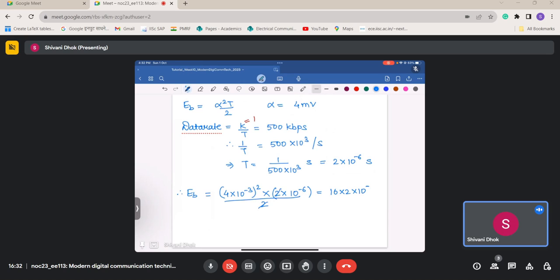So this 2 gets cancelled, into 10 raised to minus 12. So this is the value of EB that we are having here.